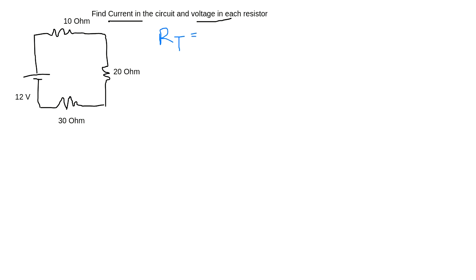So how much is R total? The sum: 10 plus 20 plus 30. How much is the value? 10 plus 20 plus 30 is how much? 60 ohm. This is the symbol for ohm, right?